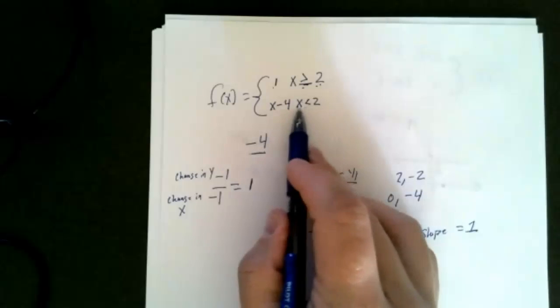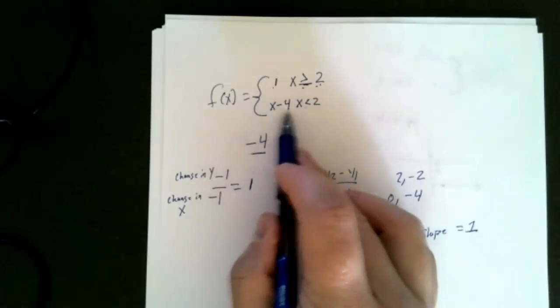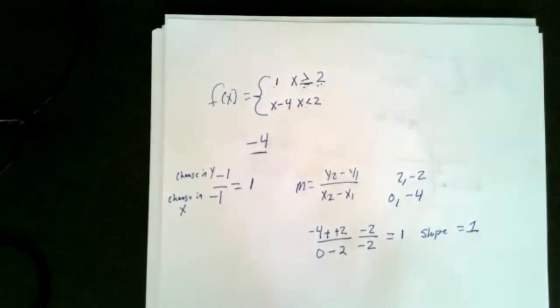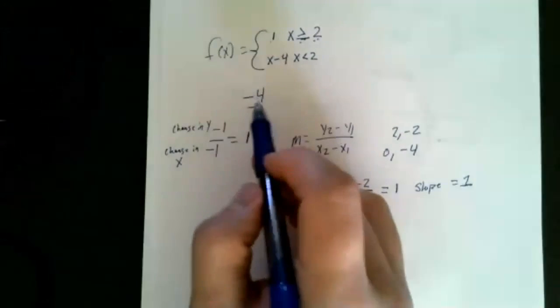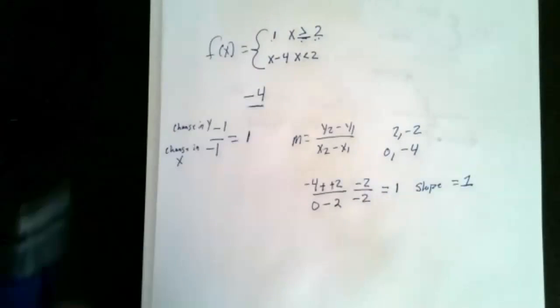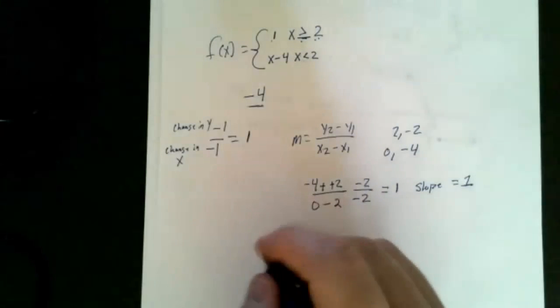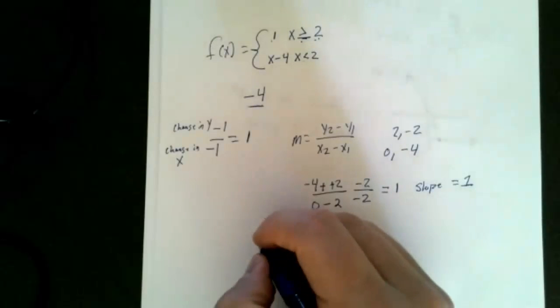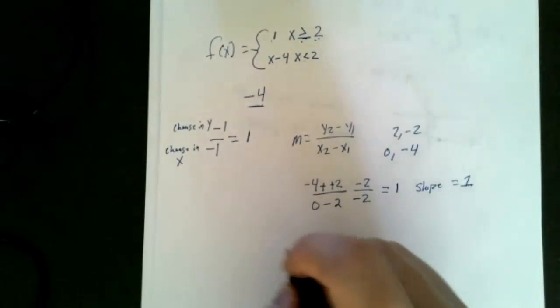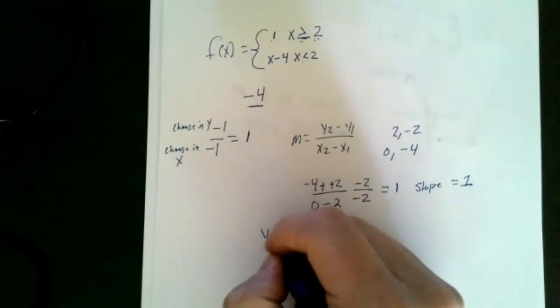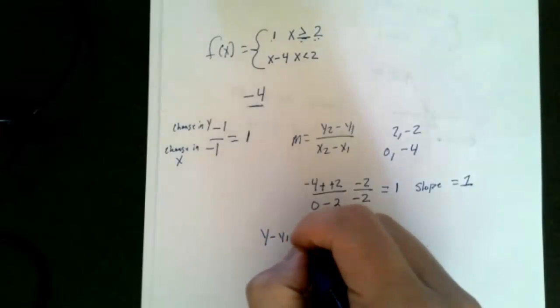I identify the domain that it has, and then this is the function that we plug in. This was an easy one because they gave me the y-intercept. In the event that you're not given the y-intercept, what we can do is run it through the point slope formula.